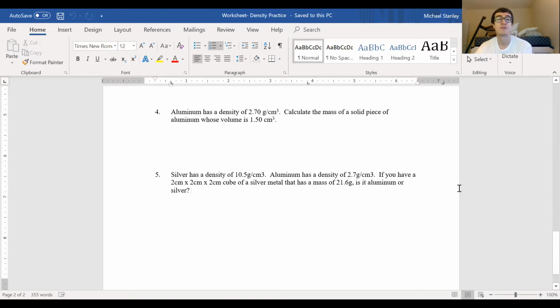And then number 5 down here at the bottom gives you the densities and then says you have an unknown substance with this volume and this mass. And it's up to you to figure out what is the density, and does that density mean that it is aluminum if it's 2.7 or silver if it's 10.5.